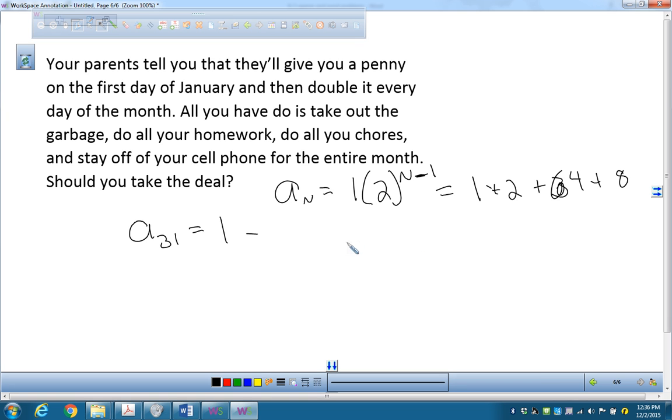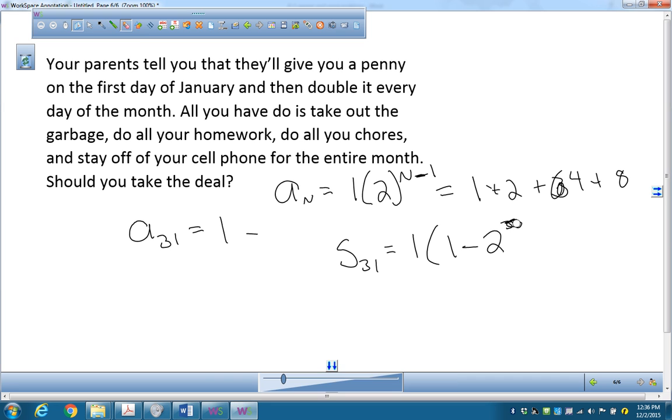But I want the sum, right? So the S sub 31 is going to look like A sub 1, which is 1, times 1 minus, what's r? 2 raised to the 30th power? 31st power. No, the formula is just n. Yeah, it's just n in the formula.